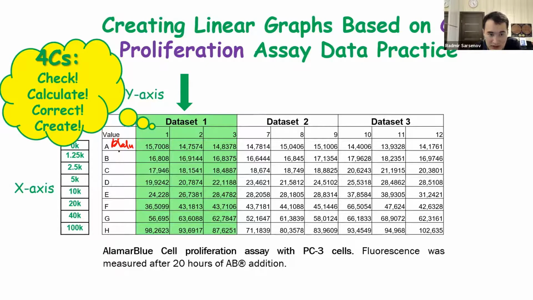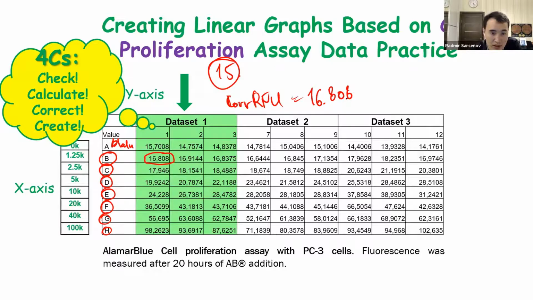Okay, nice. So the blank will be equal to 0, and the corrected values will be much smaller, right? Well, the thing here is not like this. So you have the blank. In this case, the blank would be almost 15. So you do the correction for every single data point in these rows. For this one, you have corrected RFU equal to 16.88 minus 15 as your blank.